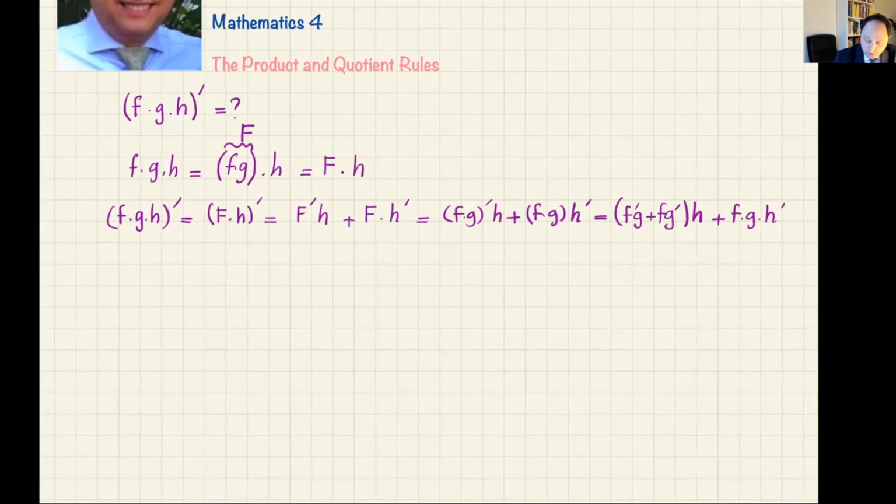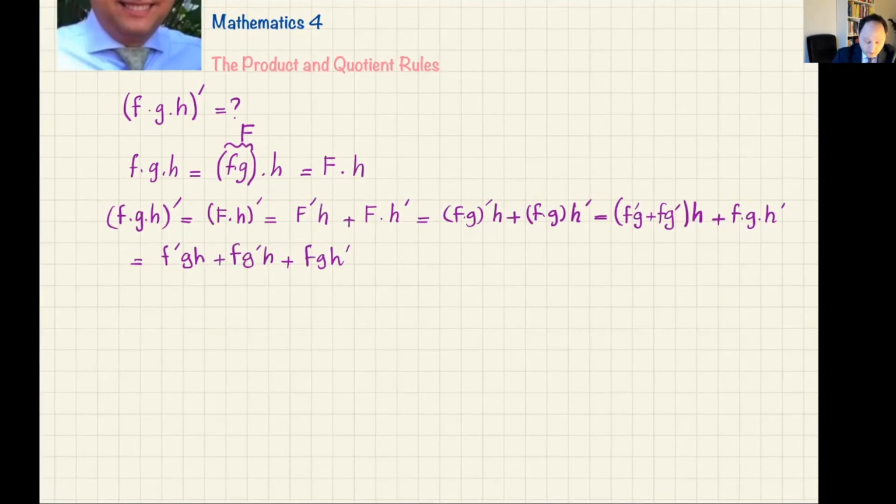But if you don't mind, let me also multiply this h inside. So it becomes f prime g h. The second term becomes f g prime h. And the last term, I just write it again. It becomes f g h prime. So you can guess the pattern, yes?